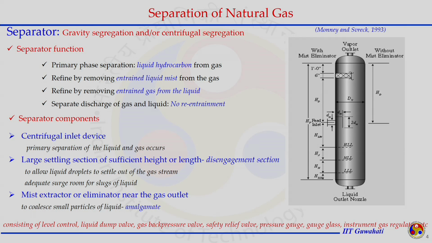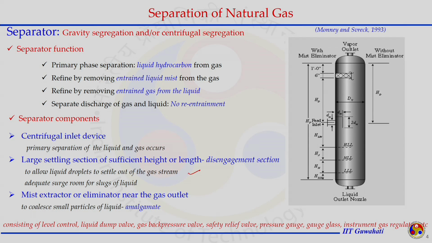Second, the large settling section, also known as the disengagement section. So, whether the separator is horizontal, vertical, spherical or any other type, it has sufficient area or room where the disengagement between the gas and liquid phases is happening. It means we are allowing liquid droplets to settle out of the gas stream.